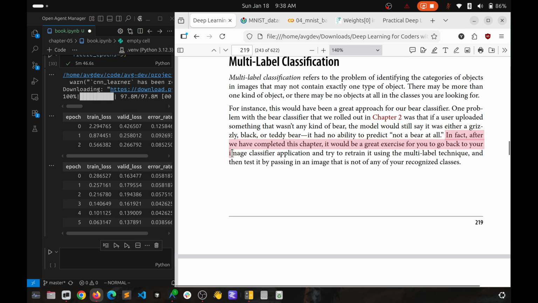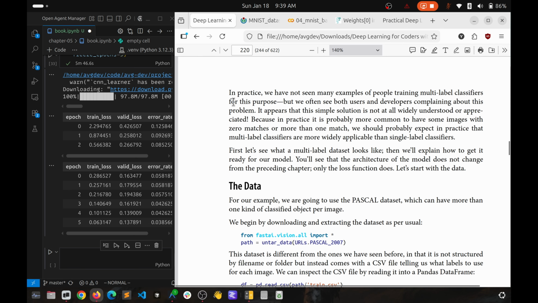In fact, after we have completed this chapter, it would be a great exercise for you to go back to your image classifier application and try to retrain it using the multi-label technique, and then test it by passing in an image that is not of any of your recognized classes. In practice, we have not seen many examples of people training multi-label classifiers for this purpose, but we often see both users and developers complaining about this problem.